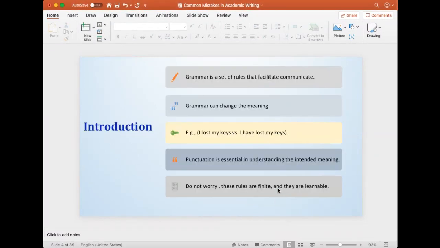So let's look at some of the things that I have found. Here, grammar is a set of rules that facilitate communication. In order to communicate very well, we have to apply some grammatical rules in our writing. Grammar can change the meaning, as some of you might have pointed out. When there is a problem with our grammar, the meaning might change. For example, I cannot say "I lost my keys" and "I have lost my keys" and mean the same thing.